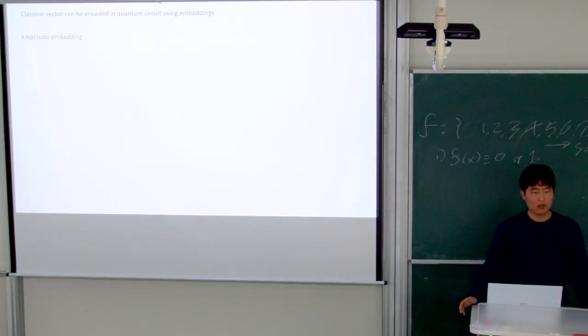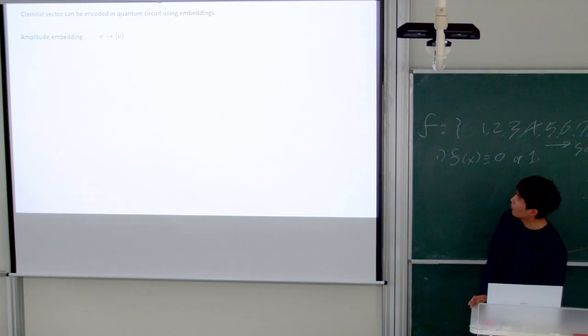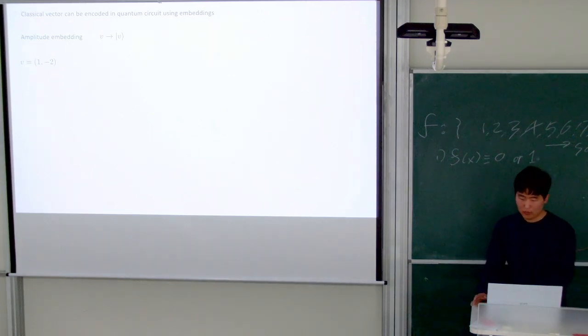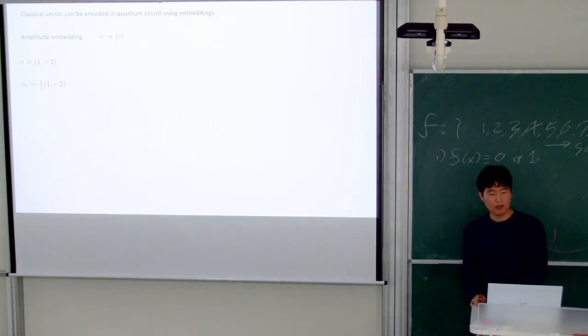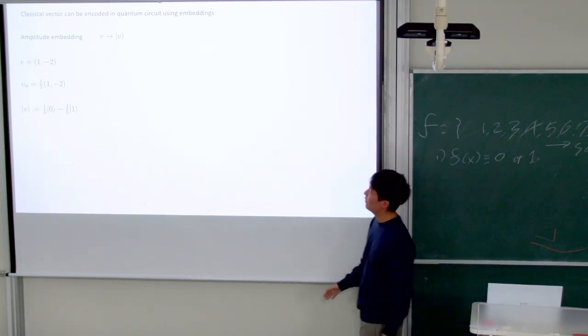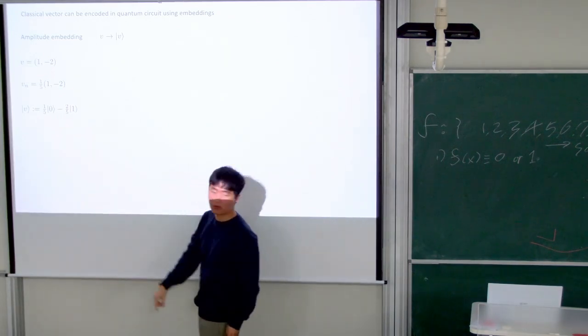One way to do this is called amplitude embedding, which gives you a quantum state from classical vectors. Let me illustrate this using some examples. Given a classical vector, we first normalize it. Then we simply take the linear combination of qubits using these coefficients.